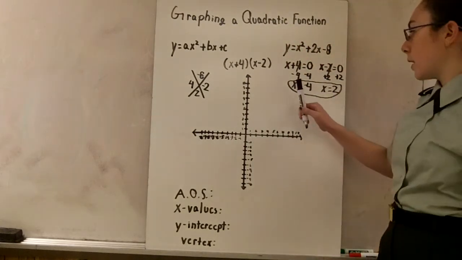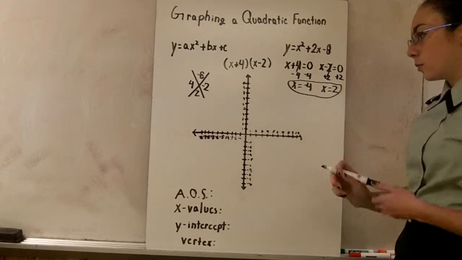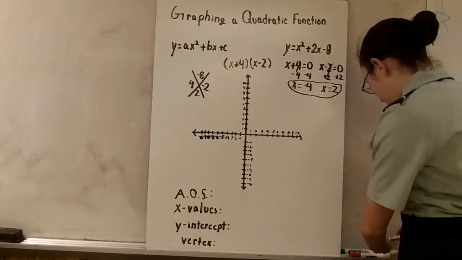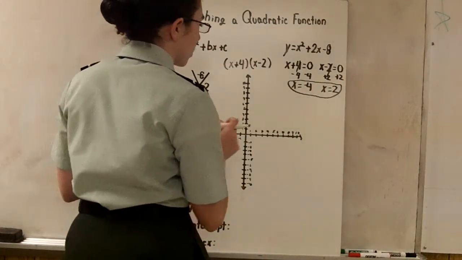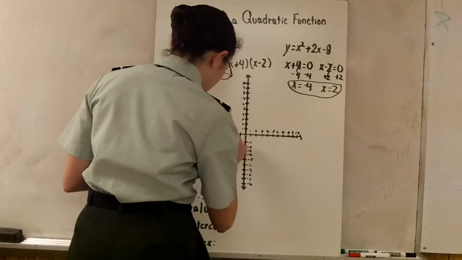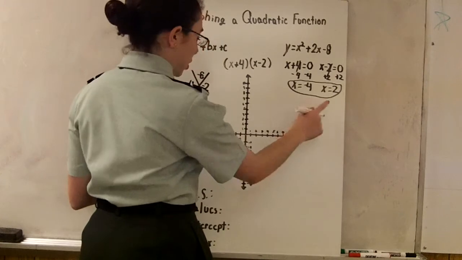So we find out that x equals negative 4 and x equals 2. So let's just plot that real quick. So negative 4 and positive 2.